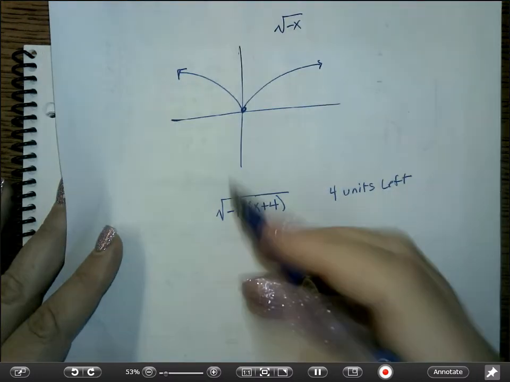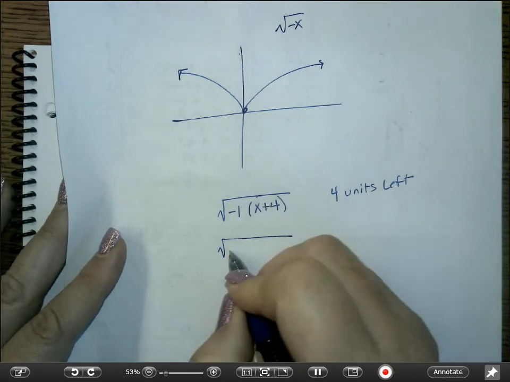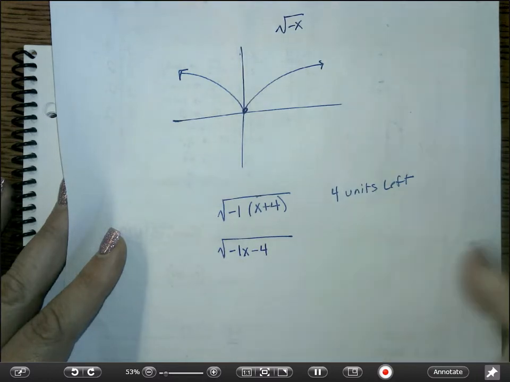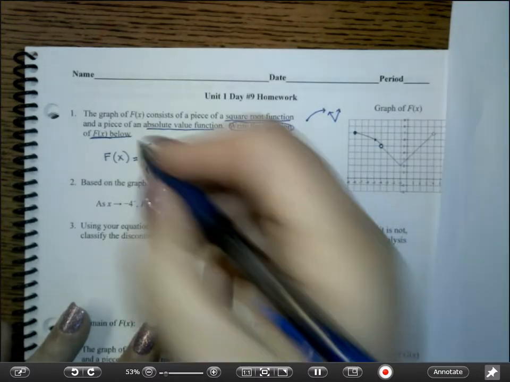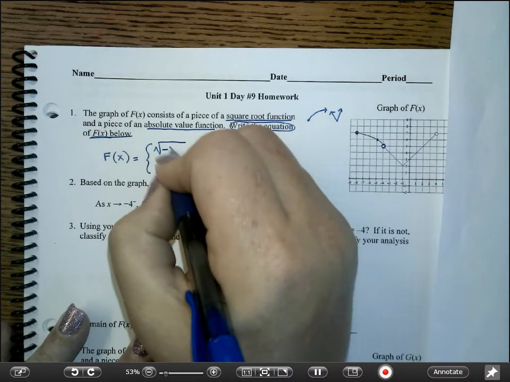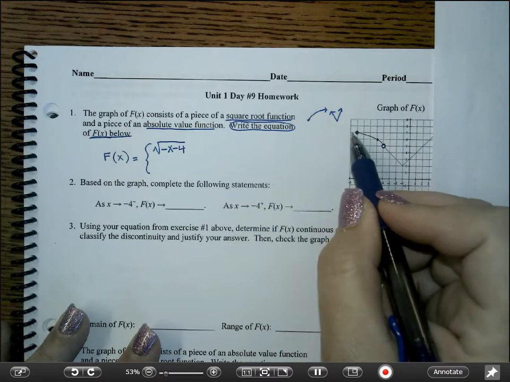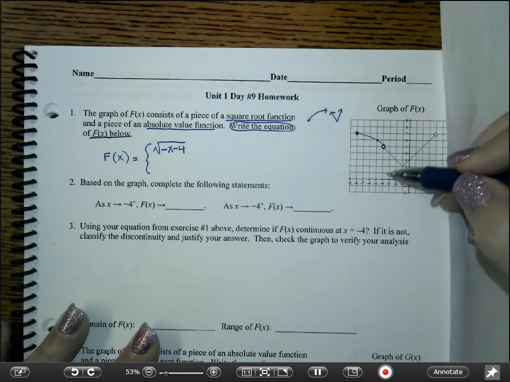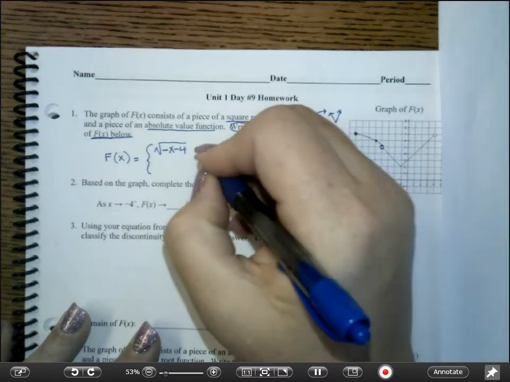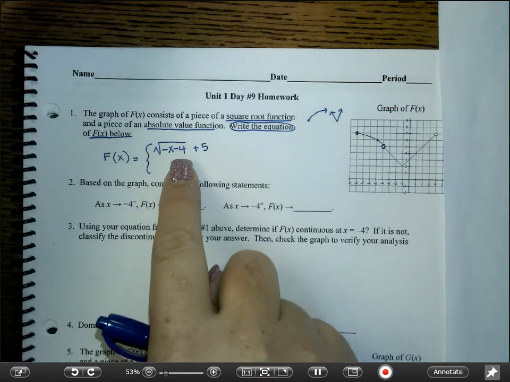When we simplify this and distribute the negative, we've got negative 1x minus 4. So our equation is going to be the square root of negative x minus 4, because it's going this direction. Then if we take a look at our vertical shift, we went up 5 units. So that plus 5 is going to be on the outside of that radical.